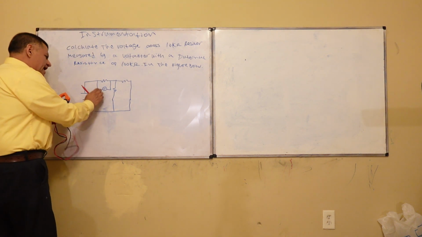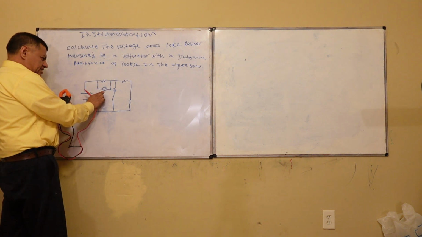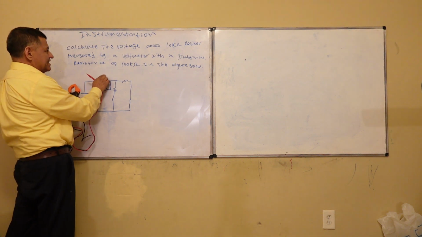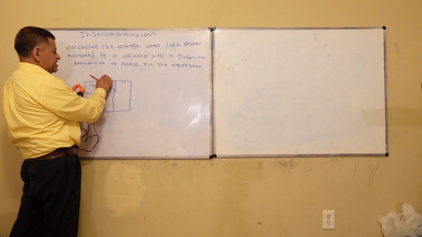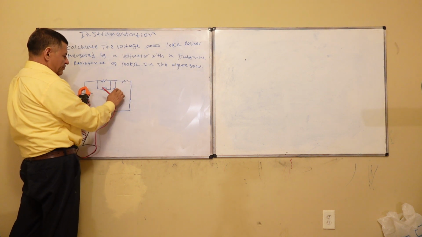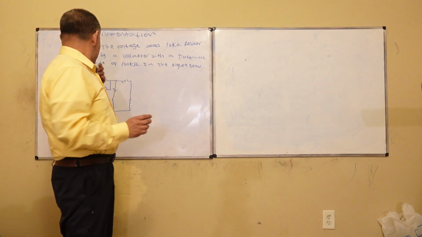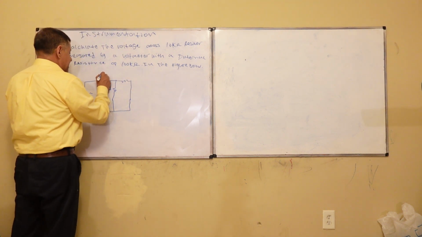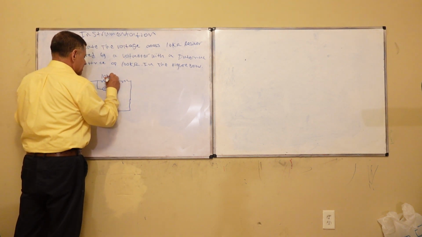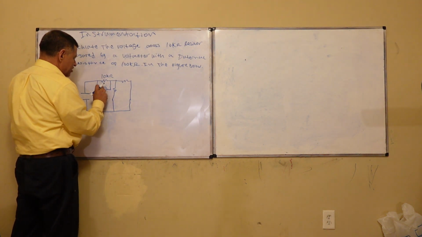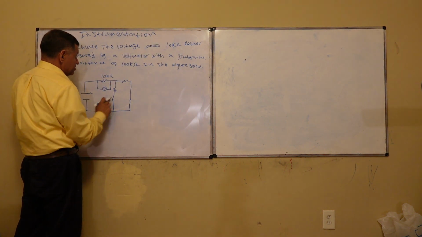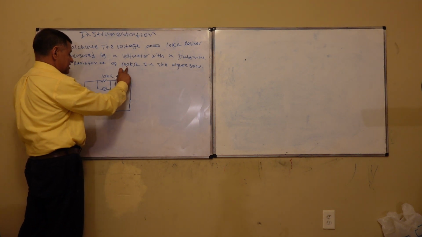Now I have enough to put in the values, so I know what the value of this and this is. I know this is a 10 kilo ohm resistor. I need to put the values over here and over here. So right here, this is 10 kilo ohms, and I know this is 100 kilo ohms, because that's what the problem statement says.